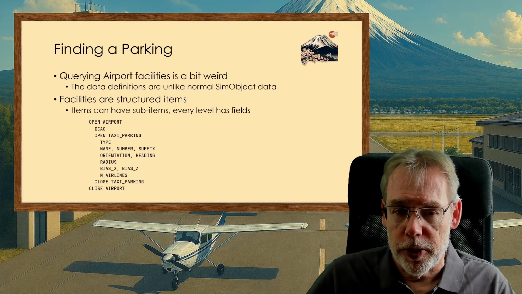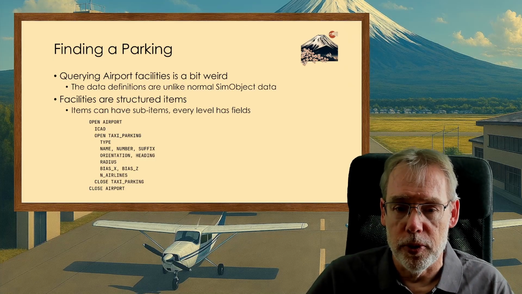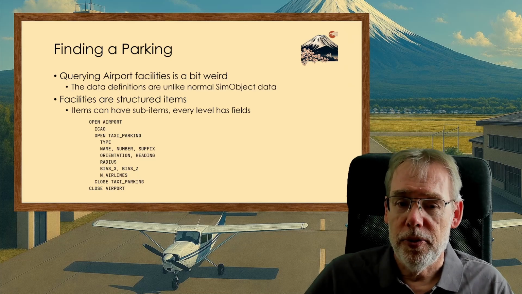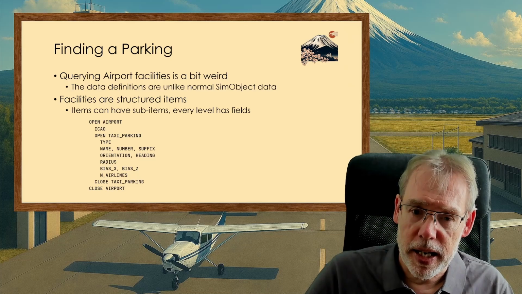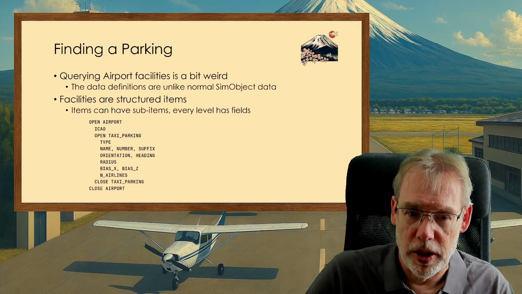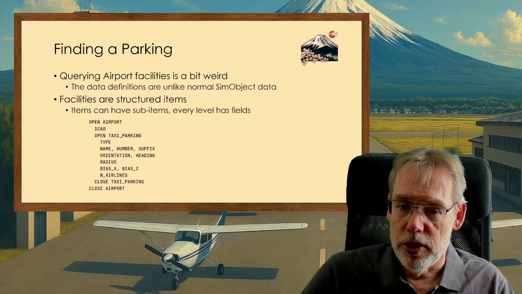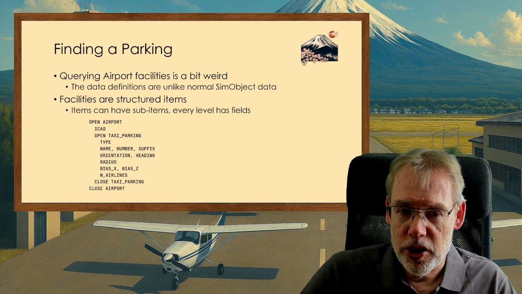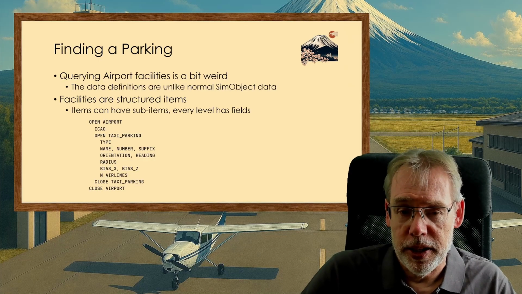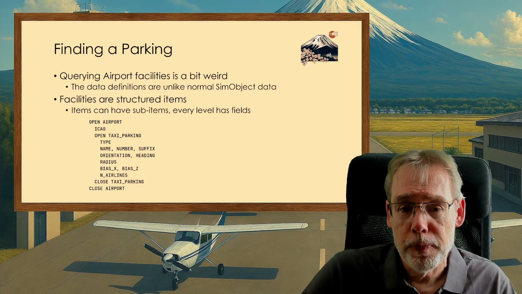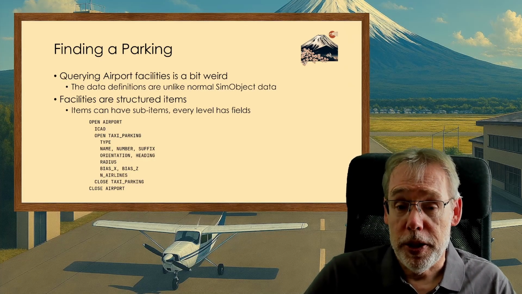So for example, if you want to query for the parkings, you have to first say add to facilities definition the string open airport. Then you can add the string ICAO, which gets the field with the ICAO identifier of the airport, and then open taxi parking.